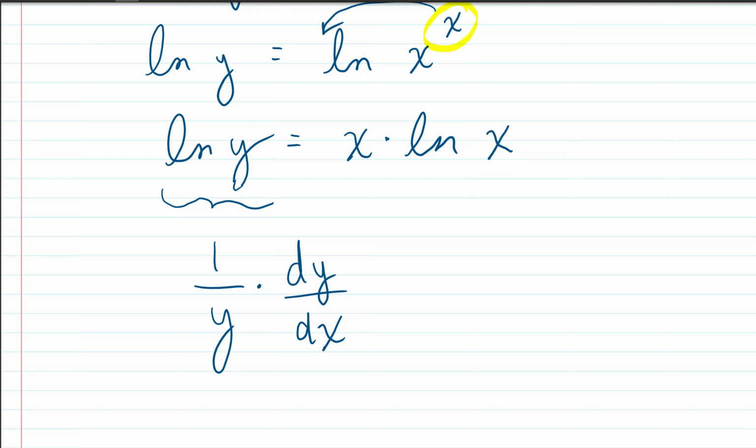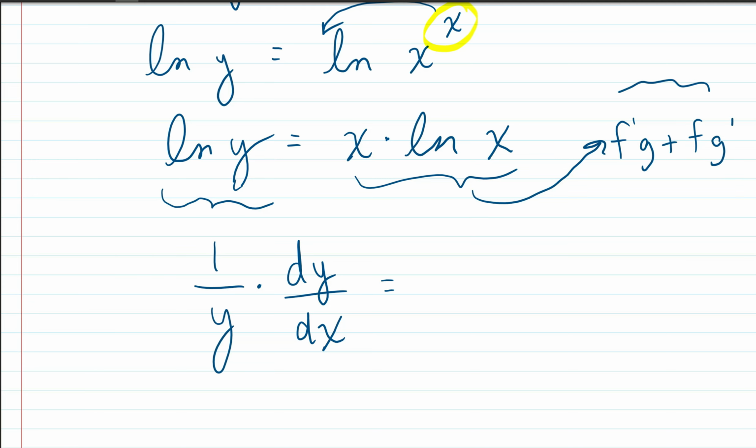Now we have to take the derivative of the other side. It looks like we have one function times another function, so we'll have to apply the product rule. The product rule says to take the derivative of the first function times the second function, and add that to the first function times the derivative of the second function.